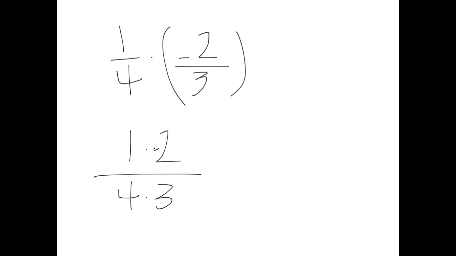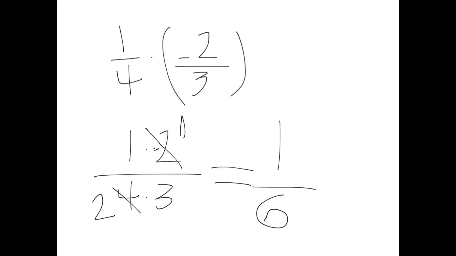Now, you just have to multiply, so, oh wait, no, you have to check for common factors. So, 4 goes into 2 twice, and that's 1. So then you got 1 over 6, and 1 over 6 cannot be reduced, so that's your answer.